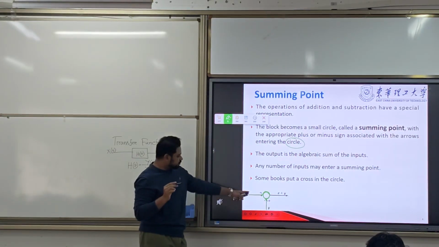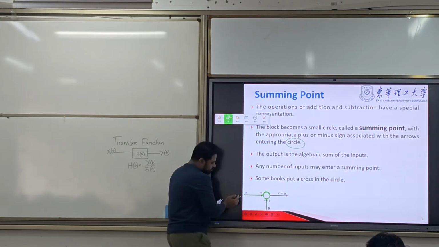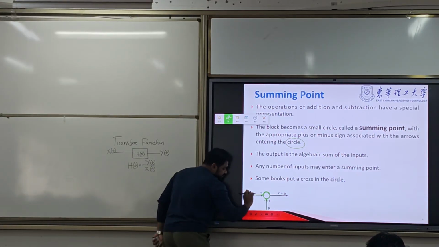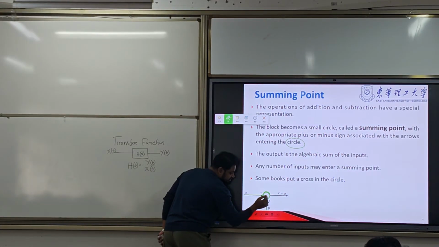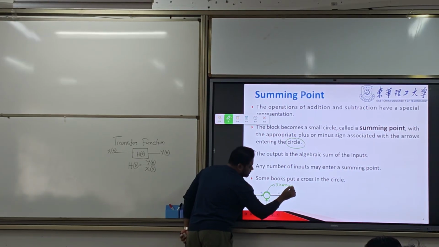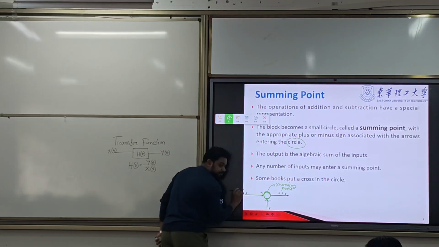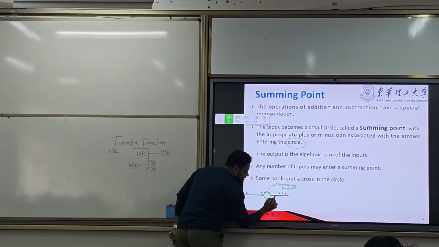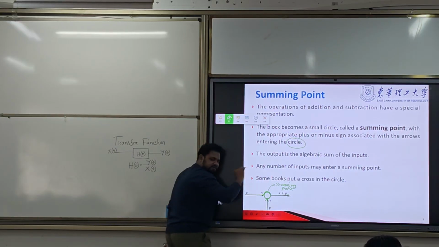So here there are two pieces of information incoming to this point, and the output will be outgoing.